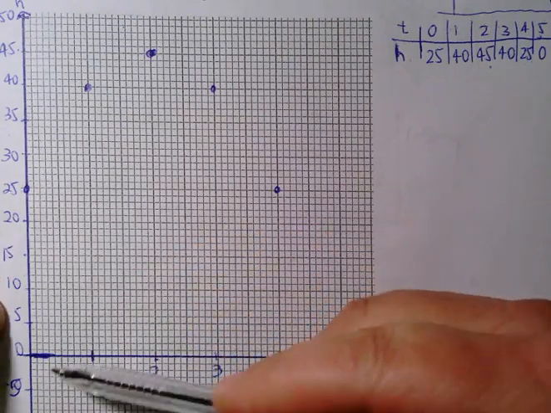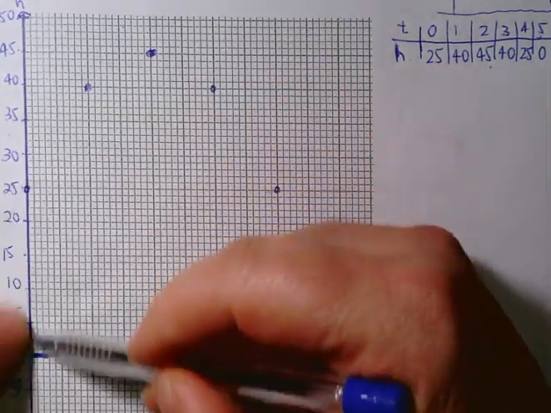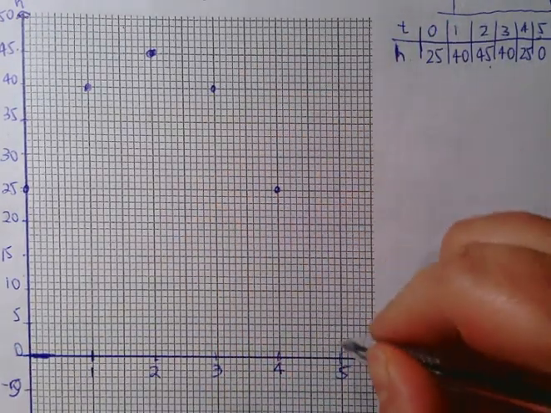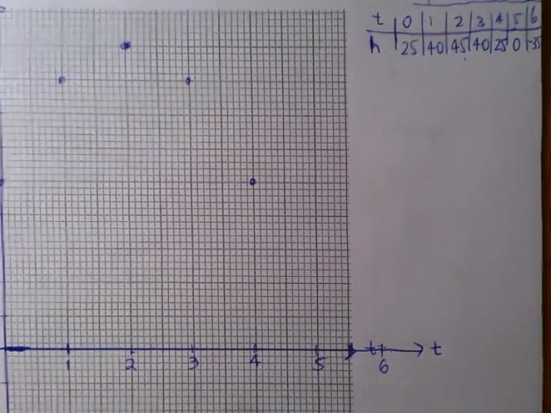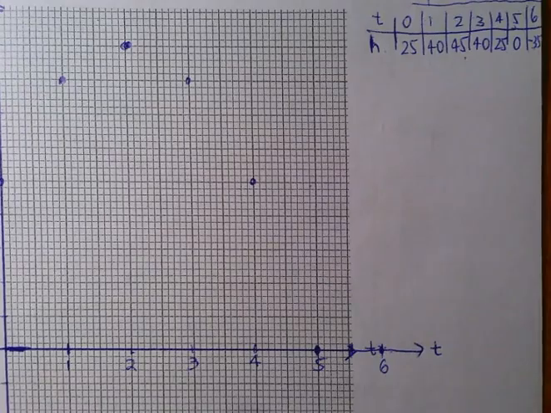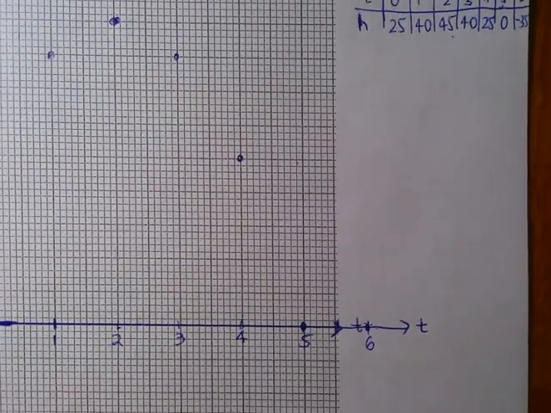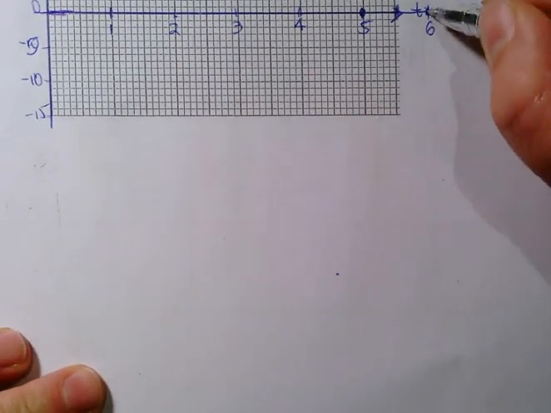Remember, when t is 0, this was thrown from a balcony, which is why it doesn't start from ground down here. When time is 5, height is 0, which is down here. And when time is 6, height is negative 35, which is going to be down here somewhere.